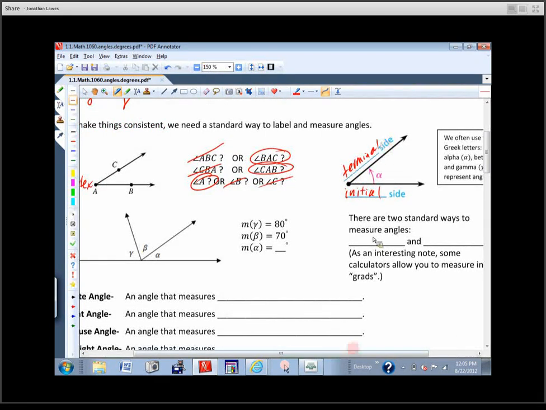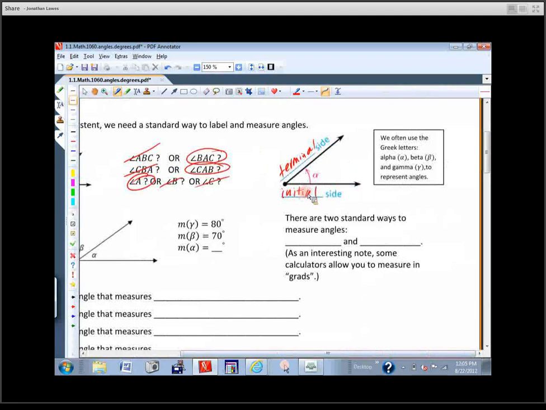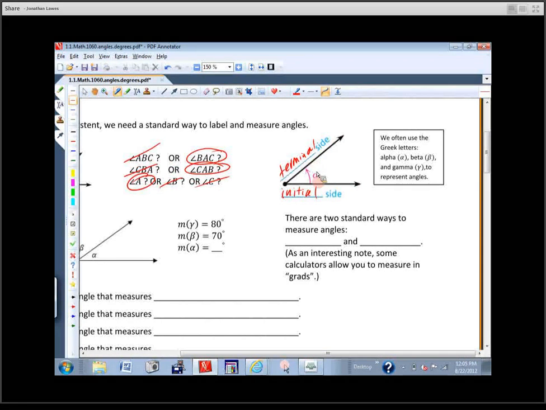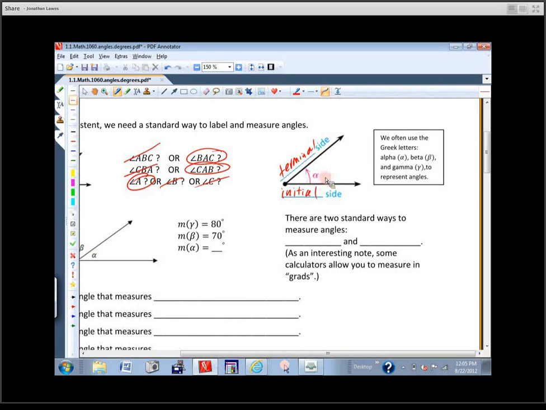So initial is where we start, terminal is where we stop. This angle is labeled with the Greek letter alpha, so this would be angle alpha. So again, there's alpha, there's the symbol, that's what it looks like. Here's beta, there's the symbol, there's what it looks like. And here's a legit one. Again, mine just kind of looks like this. So we use those Greek letters quite often.